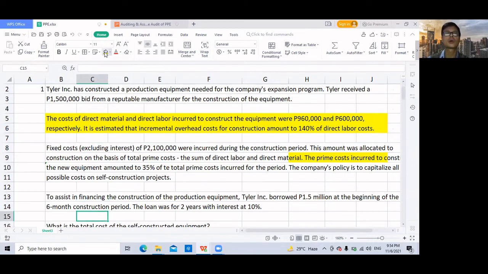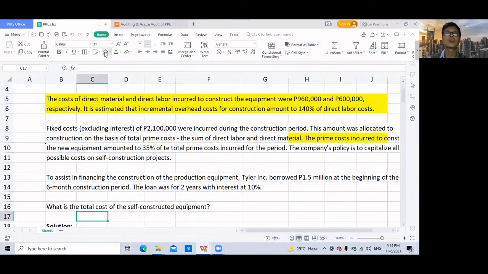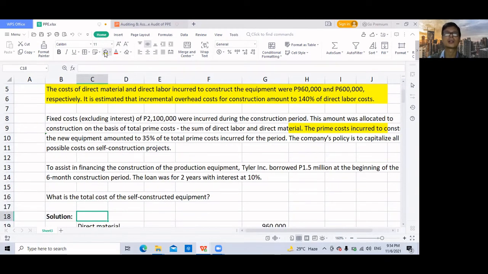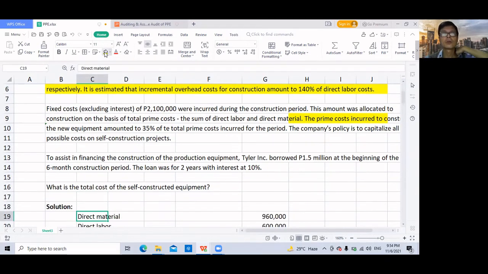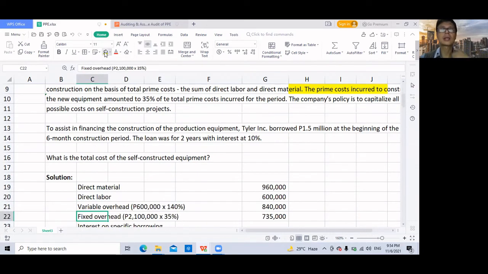Itong 2.1 million. Pero hindi lahat yan 2.1 million mapupunta yun sa fixed overhead. Kasi, ang kukunin lang natin dito, yung 35% raw. Kasi sabi rito, no, the new equipment amounted to 35% of the total prime cost. So ito yung fixed overhead, no? Okay, so that's multiply lang 2.1 million times 35%, you have the fixed overhead, no?